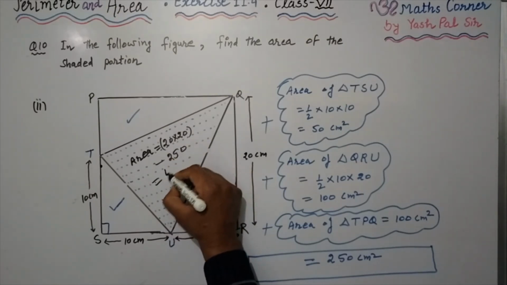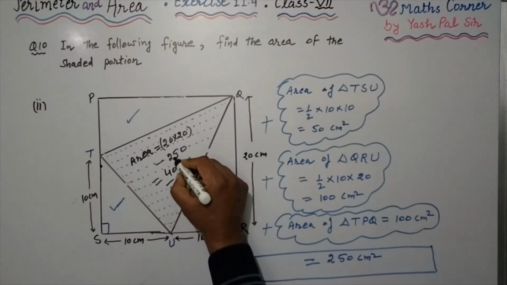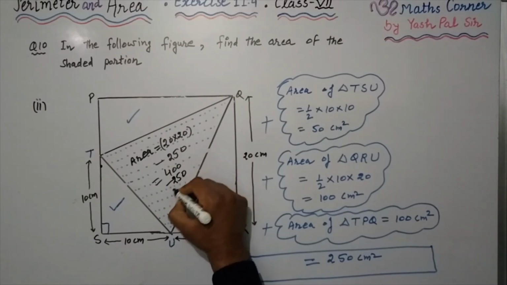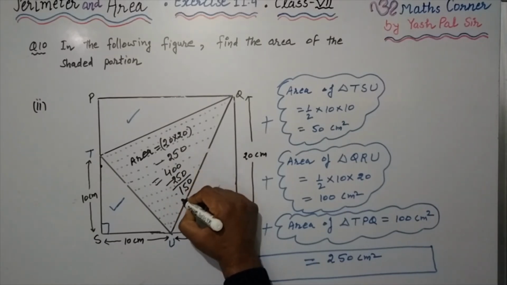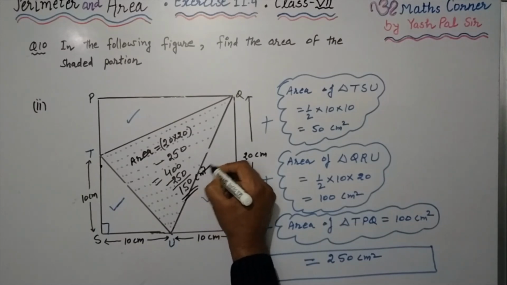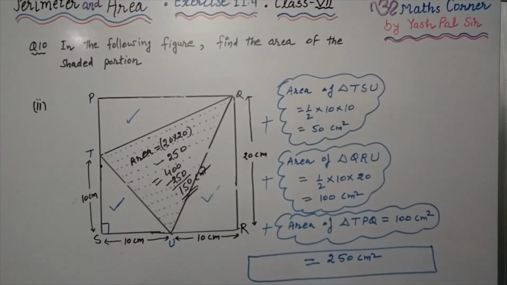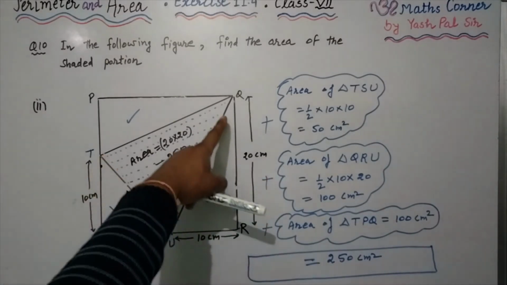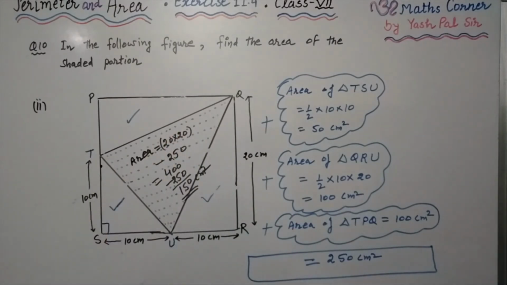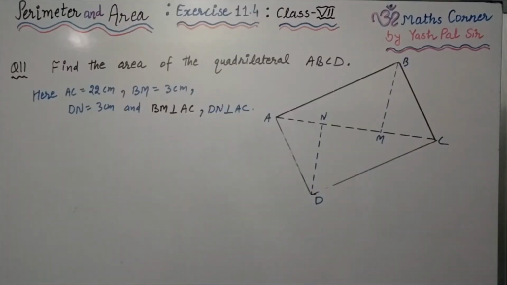That is equal to 20 into 20 is 400 minus 250, 150 centimeter square. This is the area of this shaded portion.